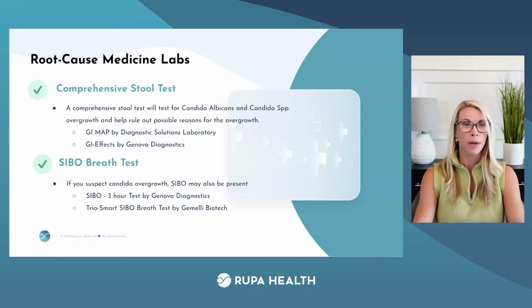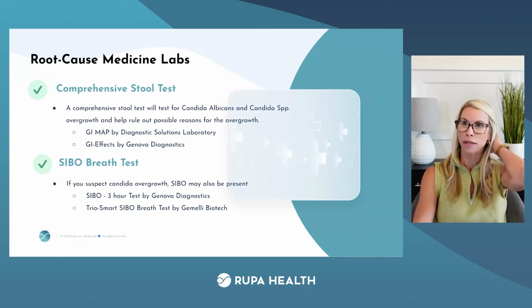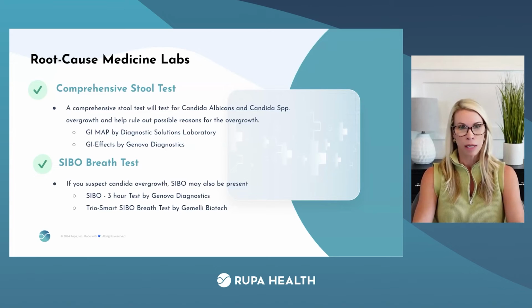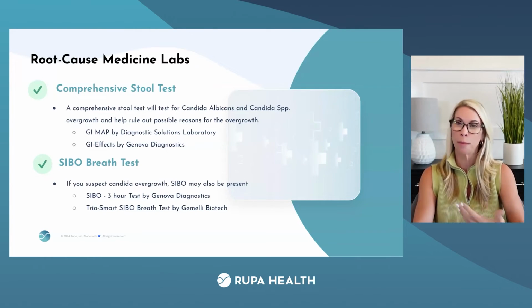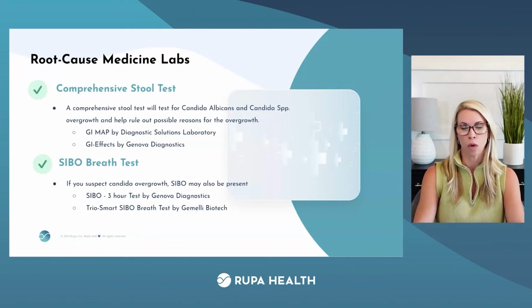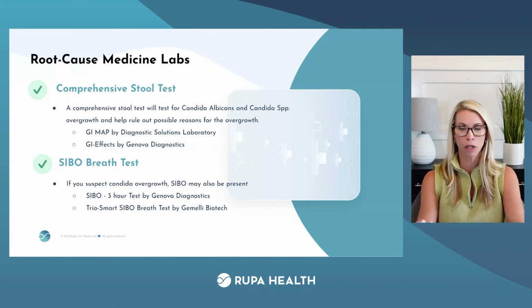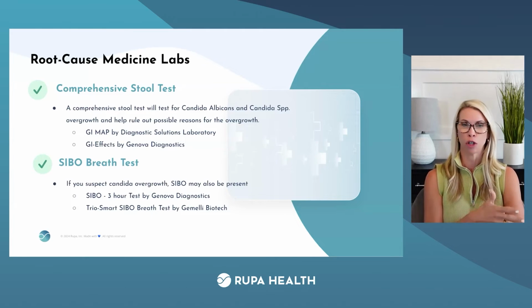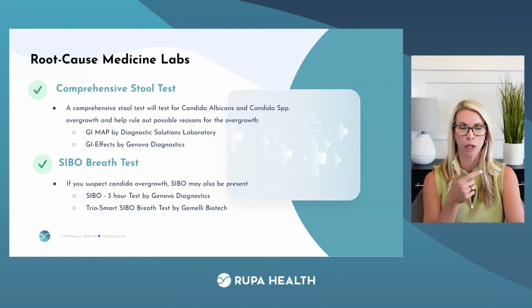Okay, next up, SIBO breath testing. Now, why SIBO breath testing? Again, SIBO commonly occurs with Candida overgrowth. So this might be another test that you want to order for your patient. SIBO breath testing measures the presence of hydrogen or methane in the breath after the patient consumes a sugar solution. It could be lactose or glucose based on the specific test that you order.